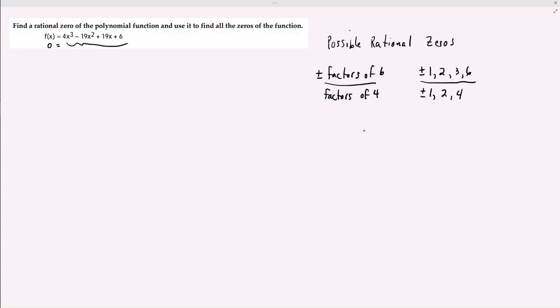Okay, so that's going to be plus minus 1, plus minus 1/2, plus minus 1/4, and then 2 over 1, plus minus 2. 2 over 2 is 1, we got it. 2 over 4 is 1/2, and we got it.